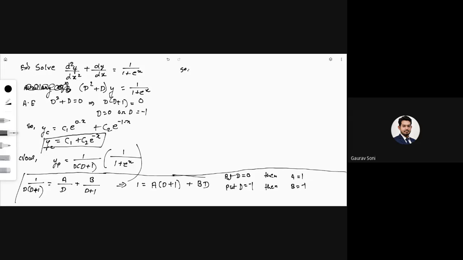So yp is equal to 1 upon D minus 1 upon D plus 1, 1 upon 1 plus e to the power x.